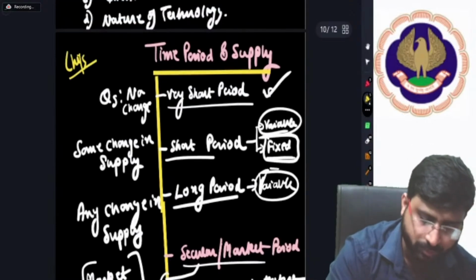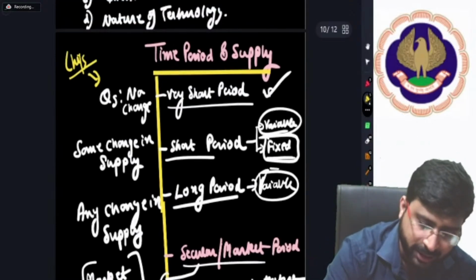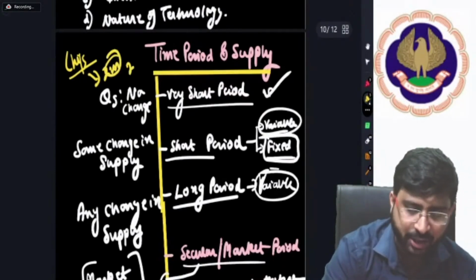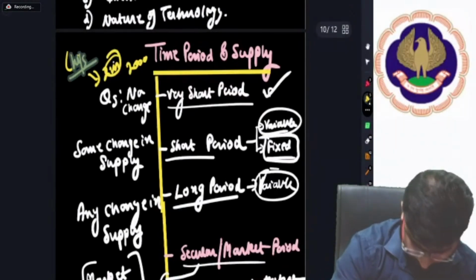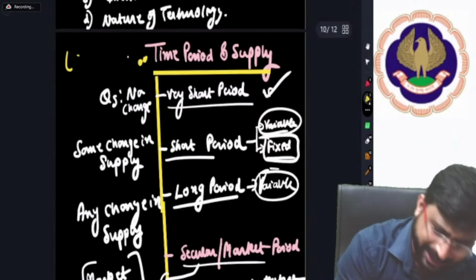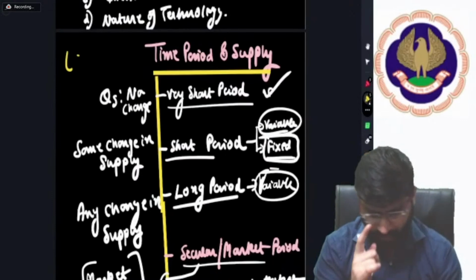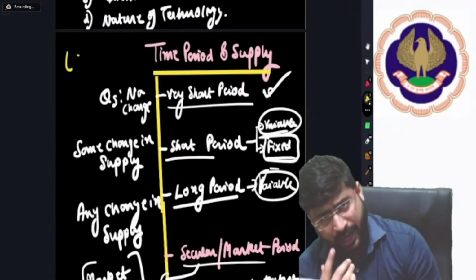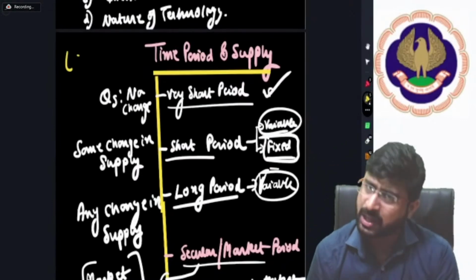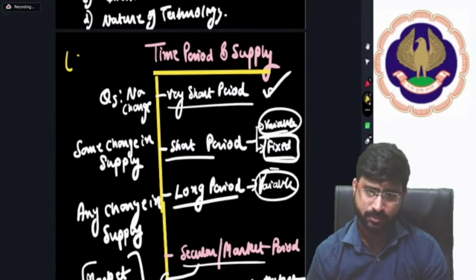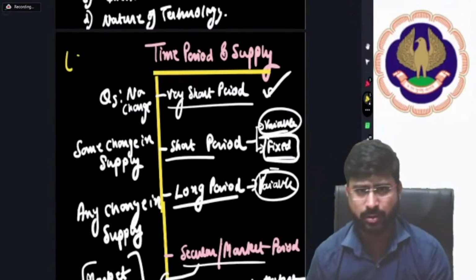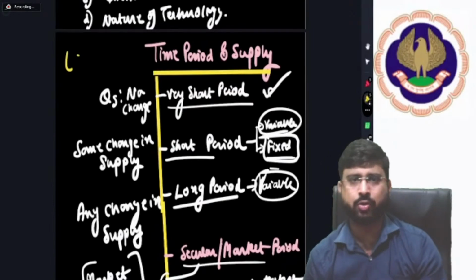Now, you come to me and ask, sir, in 2 minutes, I need 2000 packets of chips. Is it possible for me to manufacture, pack, and provide you with 2000 packets of chips in just 2 minutes? Is this time period enough? Obviously, sir, not.